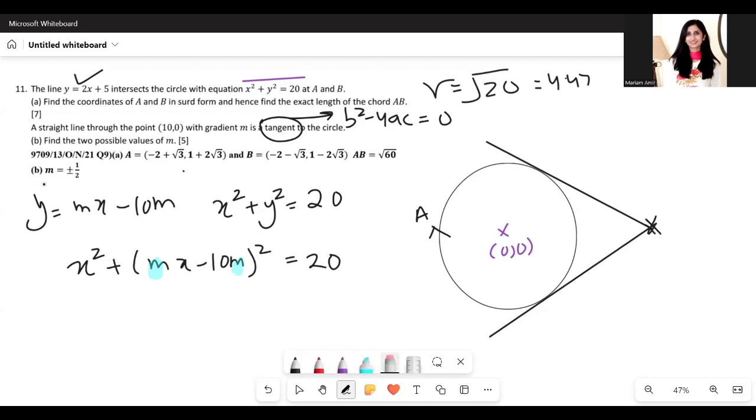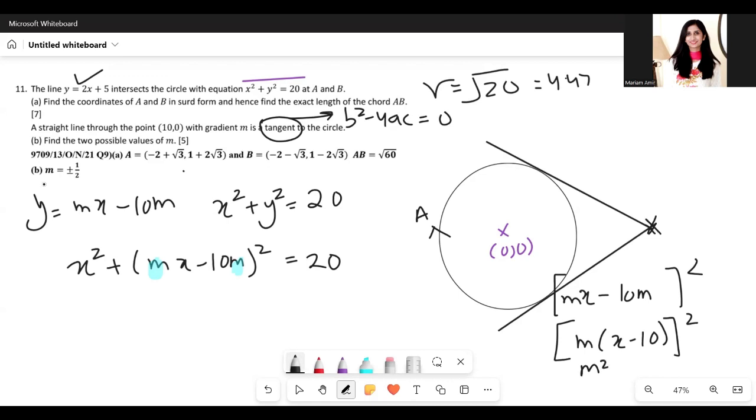Let me just show you how that's done. Let me use bigger brackets. So it's mx minus 10m, and then there's a square on it. If you take m common inside, you get x minus 10, and then a square on it. So you get m squared times (x minus 10) whole squared. So x squared plus m squared (x minus 10) whole squared equals 20.